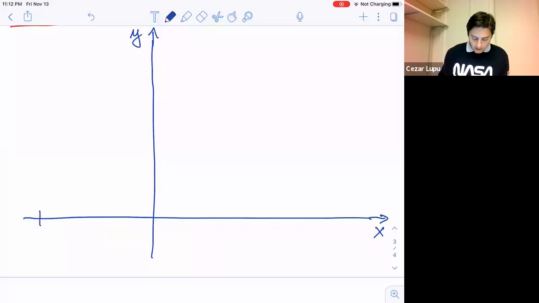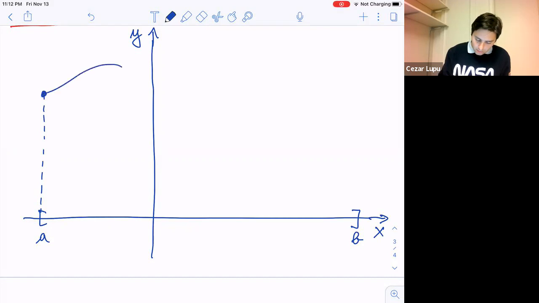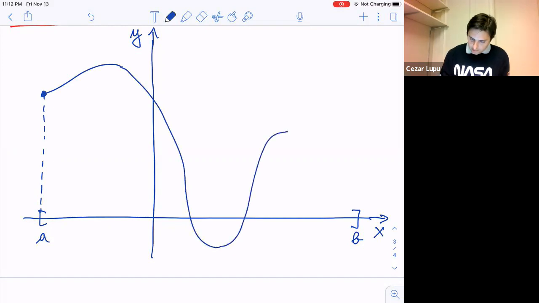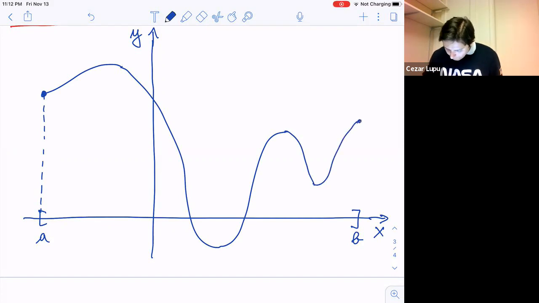And let's just say here we have this interval a, b, right? And at this point here, we have this point here, and the graph goes like this, then like this, and then goes here.